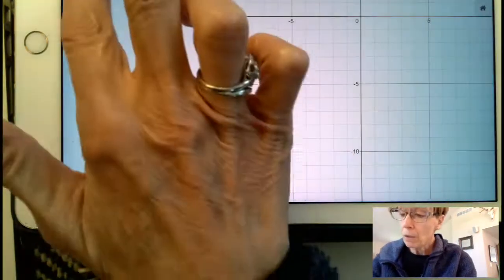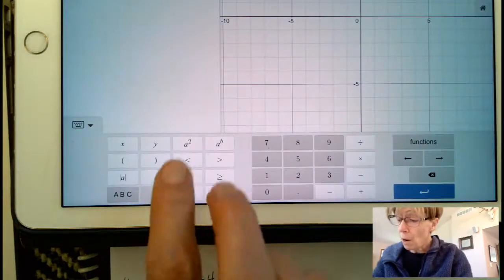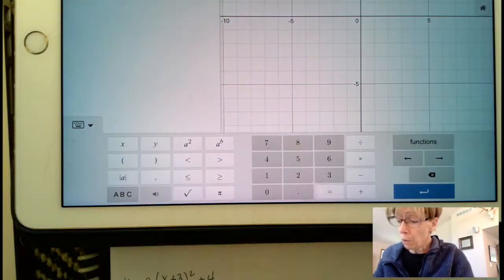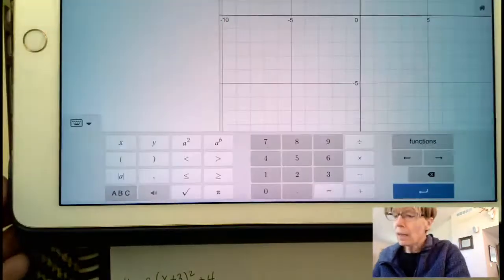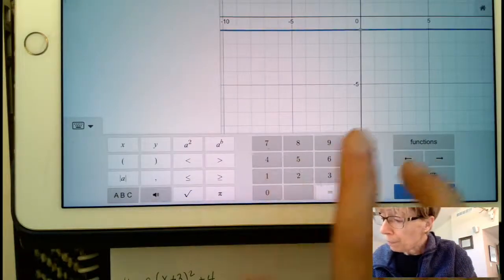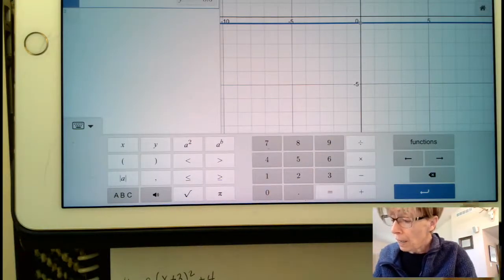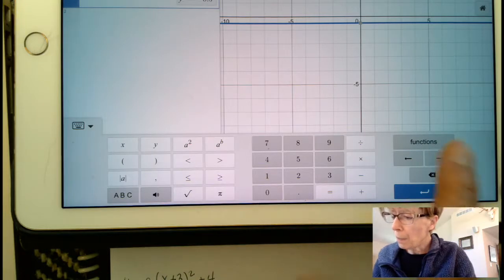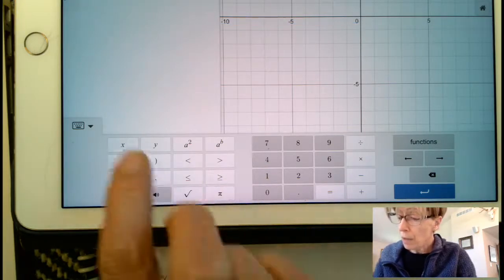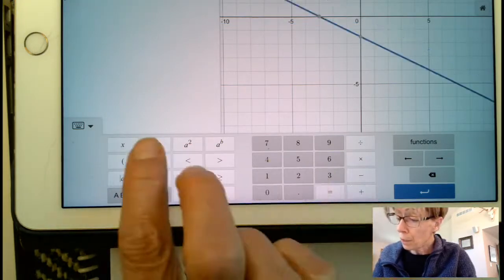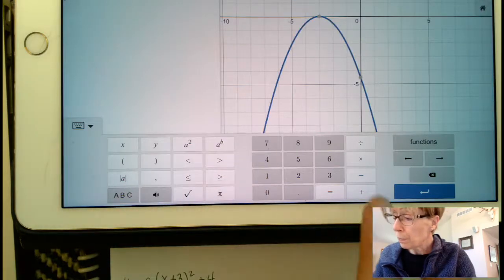We'll start with the first one. So it's going to be y equals, and we said that a is -1/2, and then our equation that we came up with was x plus 3 squared plus 4.